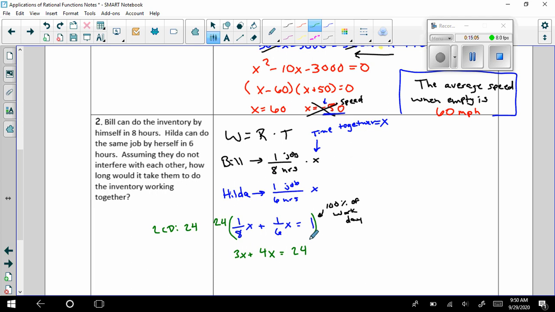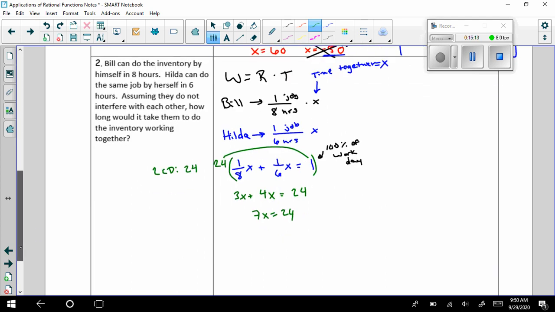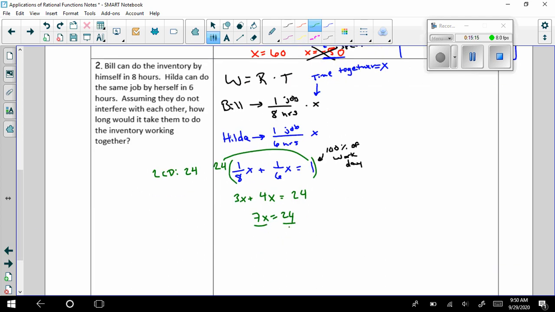Make sure you distribute that to both sides. All right, so 7x equals 24. And then we just divide that 7 over. And x equals 24 over 7, which is equal to 3 3/4.